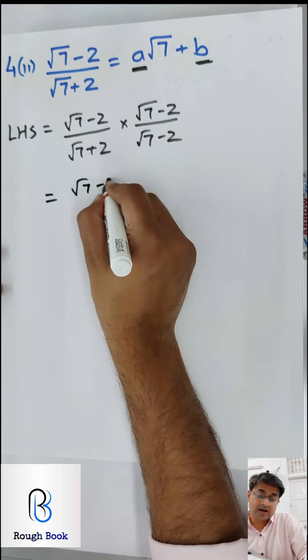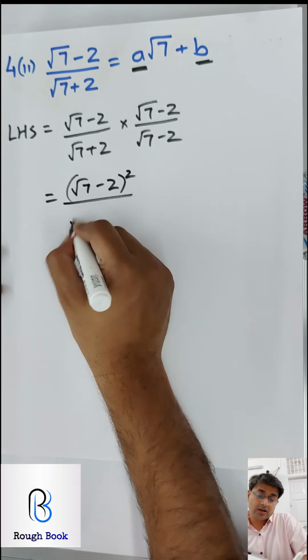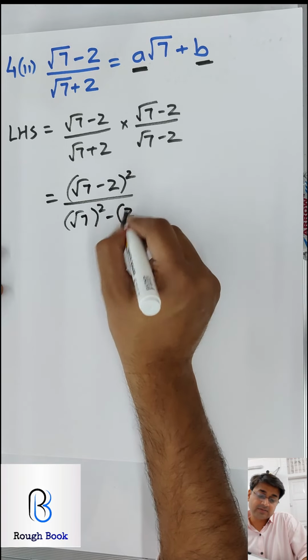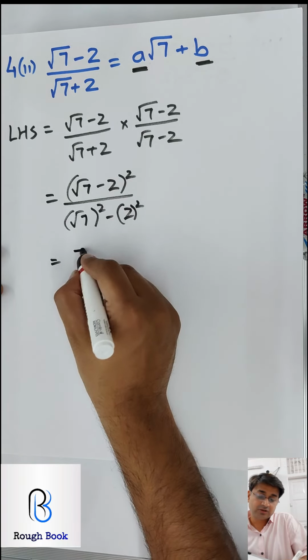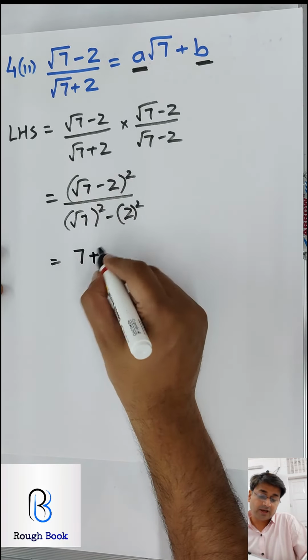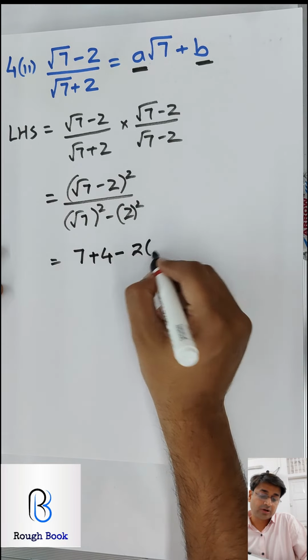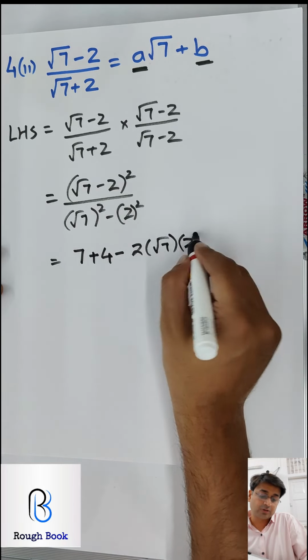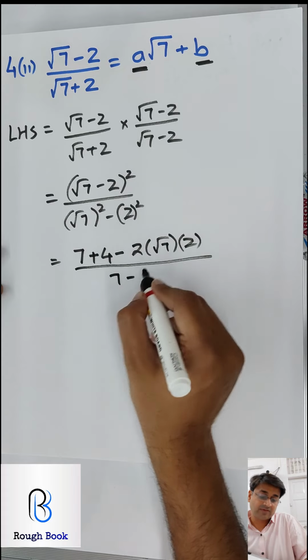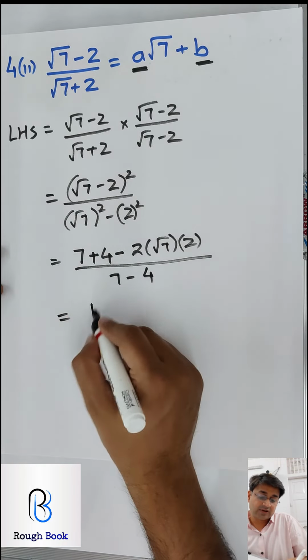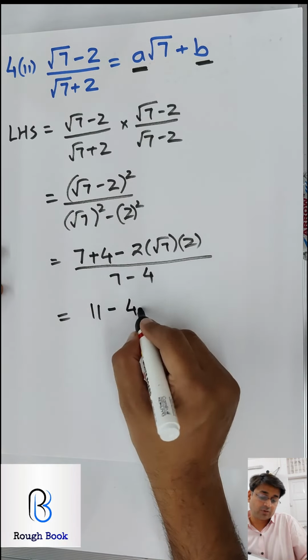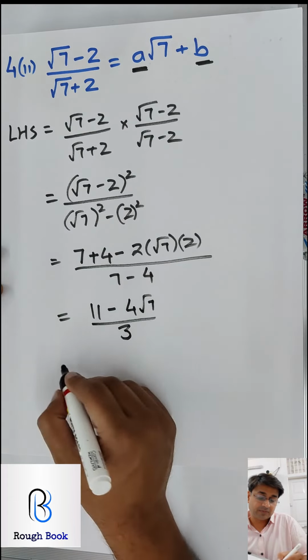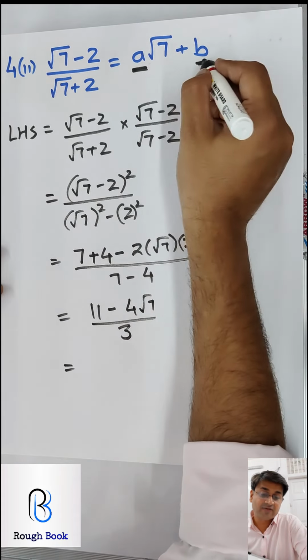So root 7 minus 2 the whole square upon a square minus b square. So this is going to be 7 plus 4 minus 2 into root 7 into 2, that is 2ab, upon 7 minus 4. So 7 plus 4, 11, minus 4 root 7 upon 3. Now you have to write this in the same format, okay?